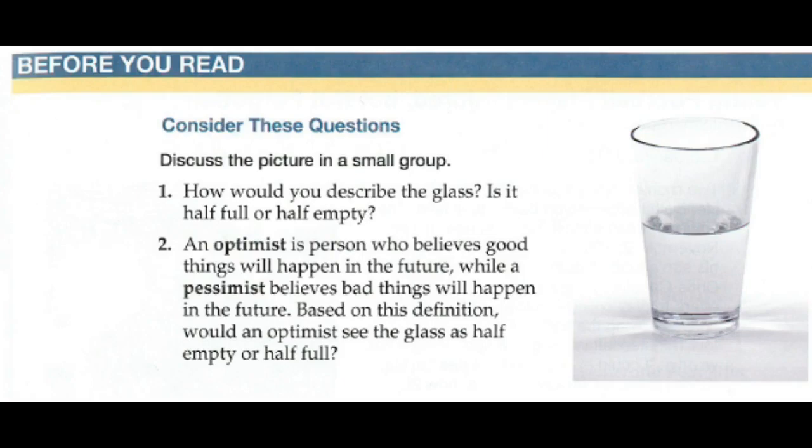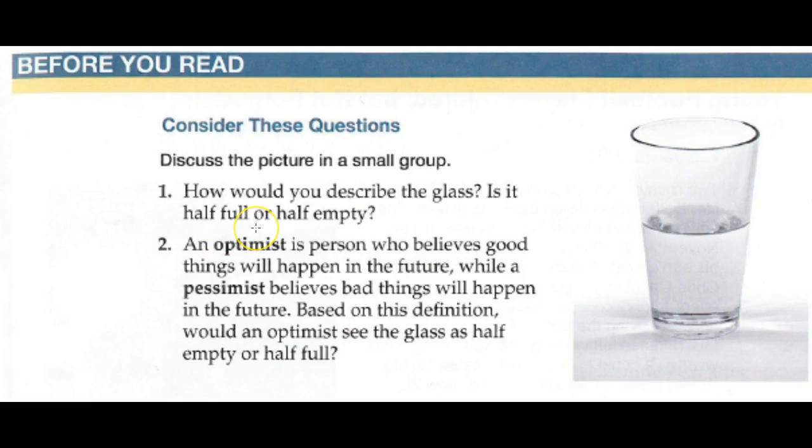Okay, so like I said, before you start reading, you should always look at all the material that's in the textbook. So on page 17, we have a before you read activity with a couple of questions. Okay, and this is what I want you to write in your notebook. So number 1, how would you describe the glass?